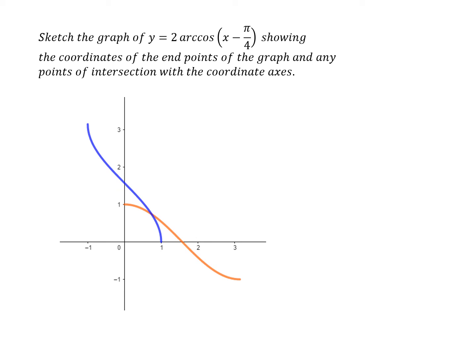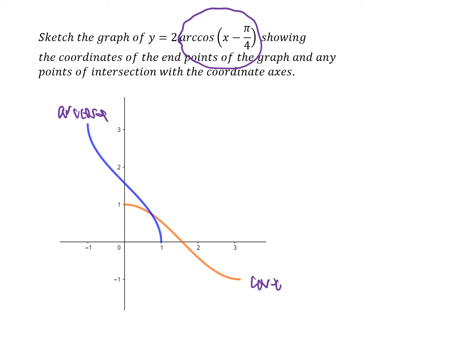So we've got the graph of cos x here and arccos x here. So I'm going to take one step closer to my goal. I'm going to draw the graph of arccos(x minus pi over 4).